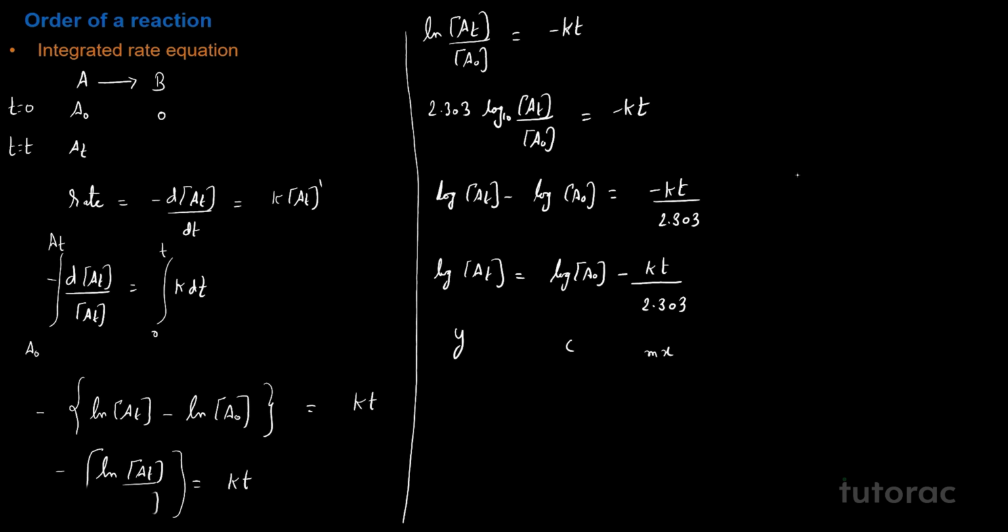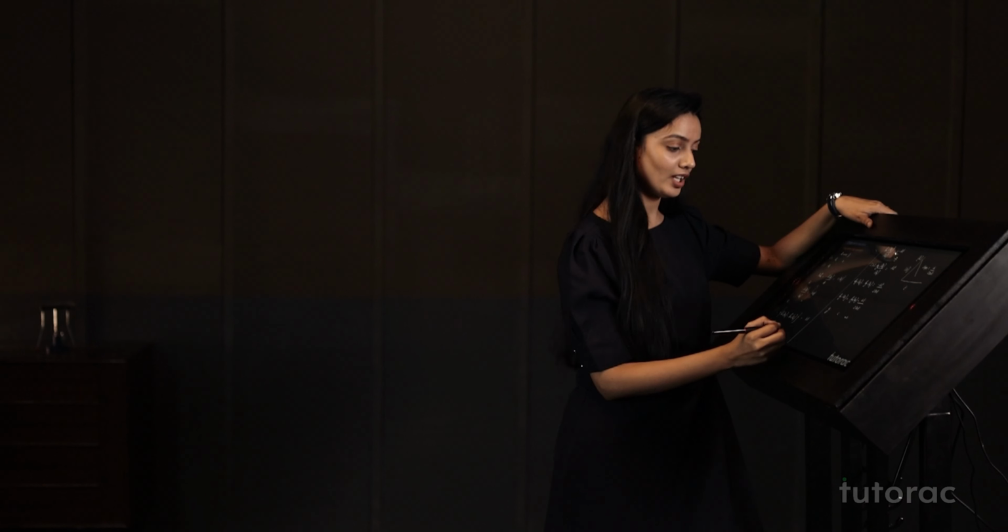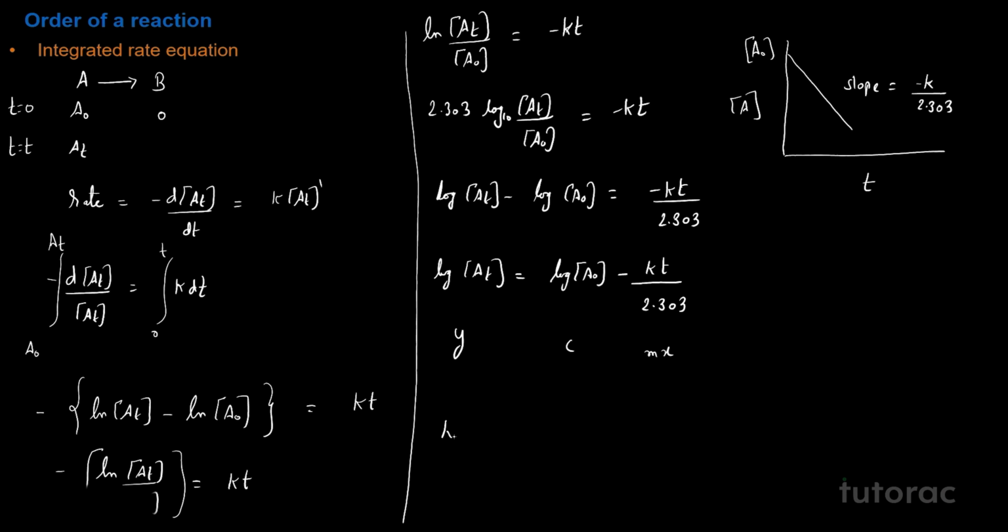Now, if we plot a graph between time and log of the concentration of reactant, the graph will be like this, where the highest point denotes the initial concentration of reactant, while the slope of this line will be equal to minus k upon 2.303.